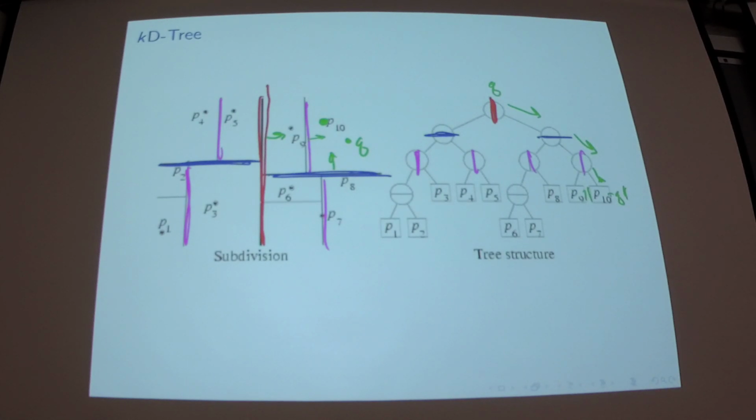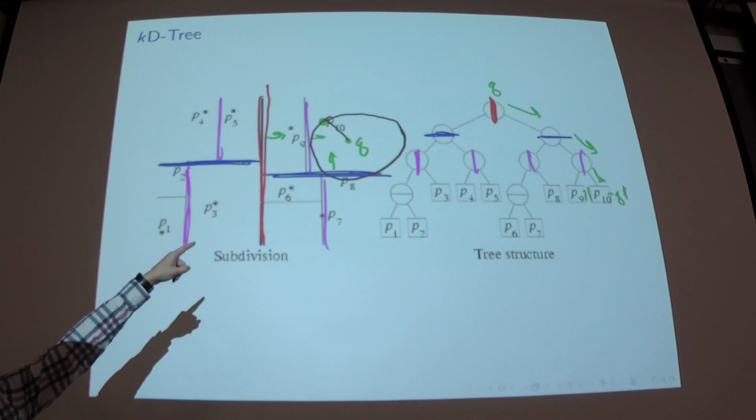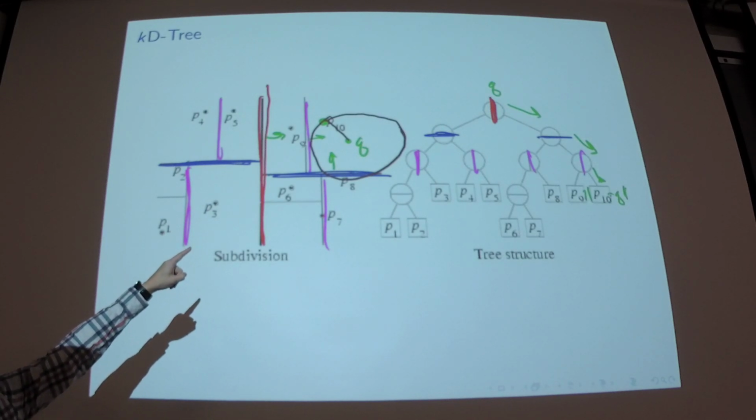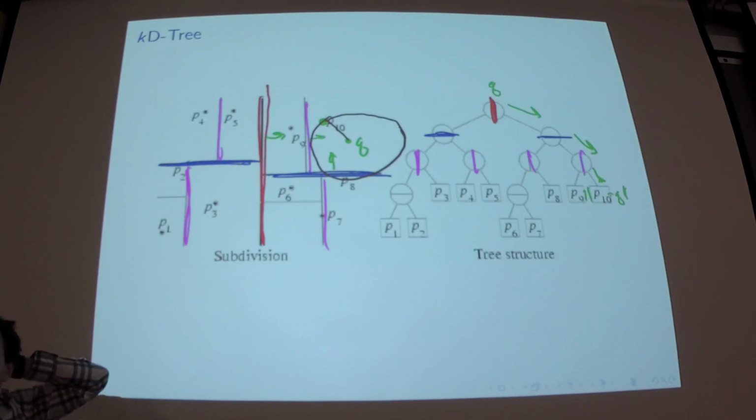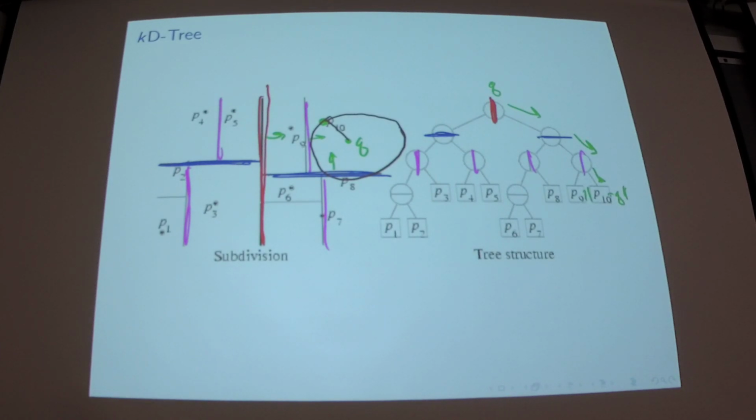Now if I draw a circle around Q, and there are no other points inside the circle, I can tell that P10 is the nearest neighbor by looking at this distance.